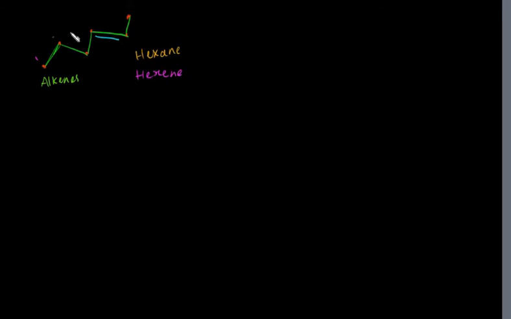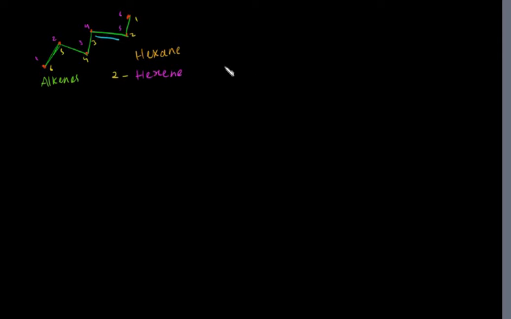Let's see: 1, 2, 3, 4, 5, 6. So it will be between 4 and 5. But what if we do the opposite side? 1, 2, 3, 4, 5, 6. It will be between 2 and 3. So as you can see, this is between 2 and 3, and what I need to do is choose the lowest number of them. So it will be 2, then dash hexene.